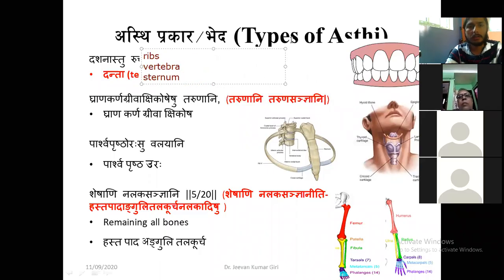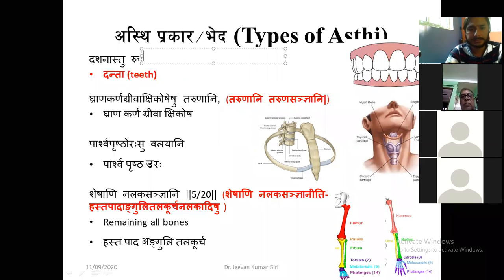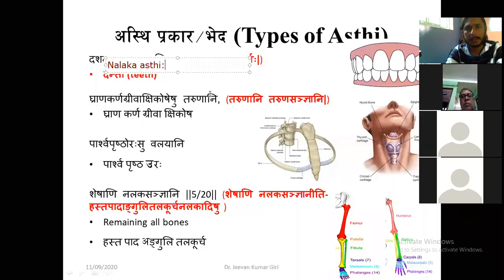Okay. Now next we'll go for the next type, that is the Nalaka Asti. Now see Nalaka Asti. You have already seen the Kapala Asti, Ruchaka Asti, Taruna Asti, then Balaya Asti, isn't it?